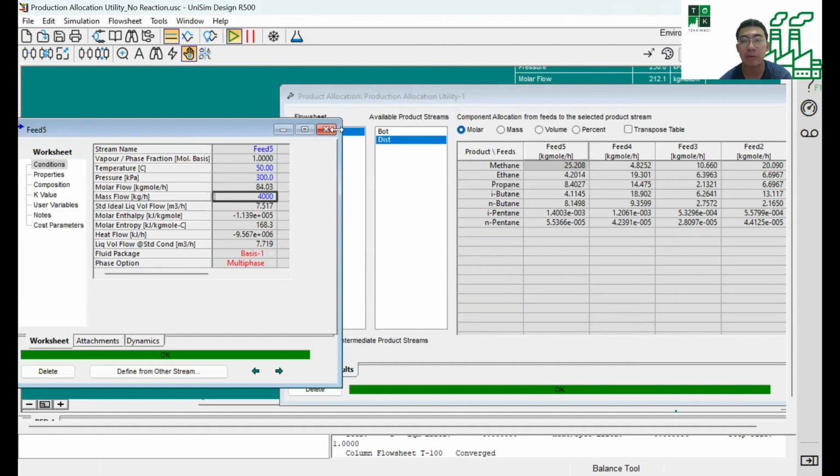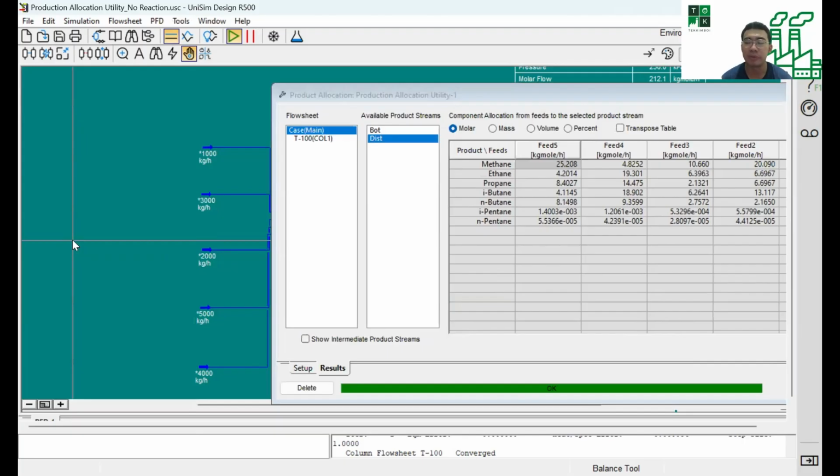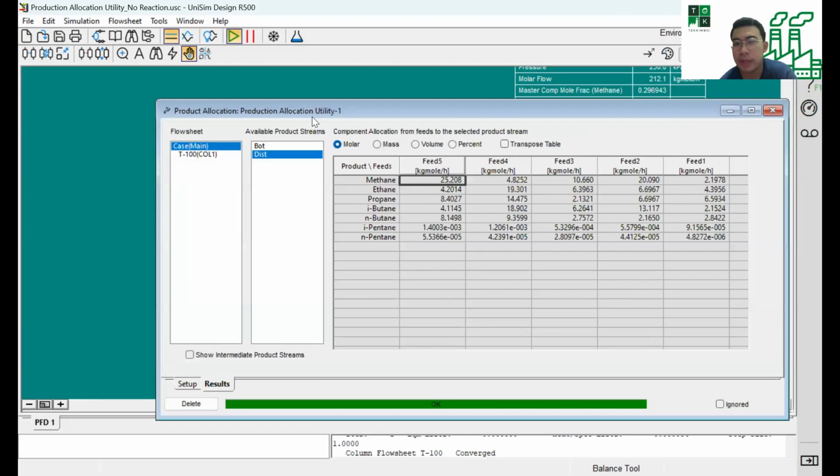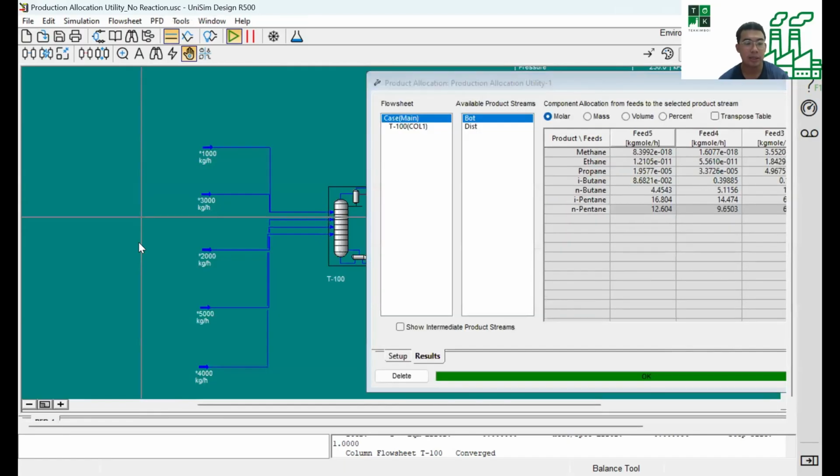So this is how you track which stream contributes the most for each species. Okay, if we want to analyze the bottom stream, we could see here the most contribution to the heavy phase, which is the N-pentane and I-pentane, is coming from feed 5 and also feed 4, because in terms of mass flow, it is quite big.